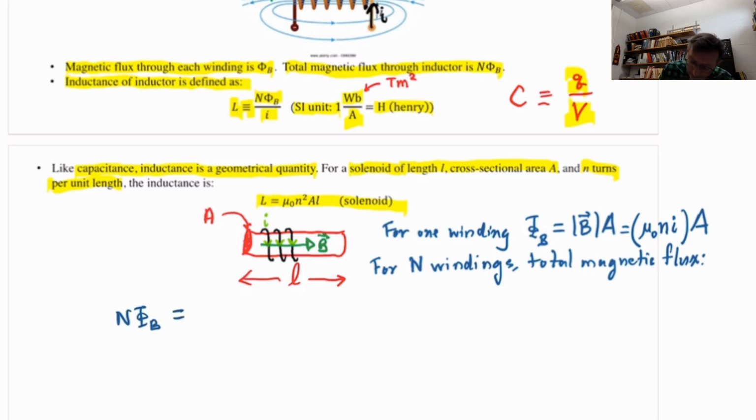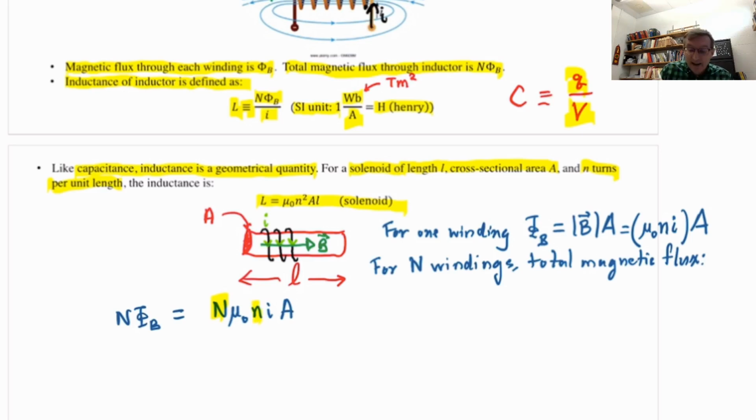So that would be N, big N, mu0, little n, I, A. There's a big N and a little n. That's potentially confusing. Let's be clear what those mean. Capital N is just the total number of windings. Little n is the number of windings per unit length.